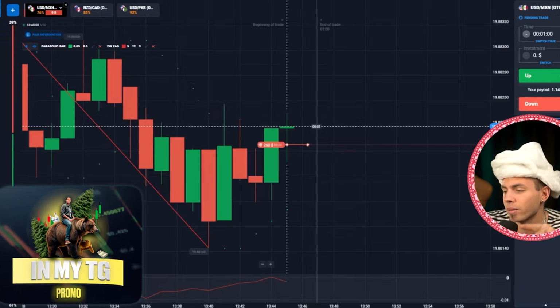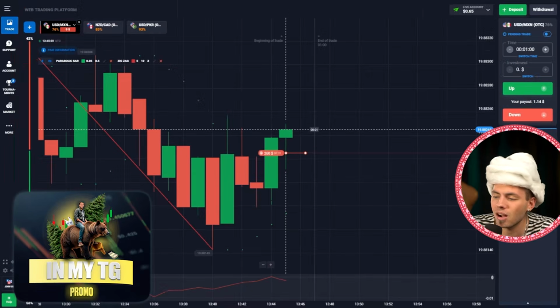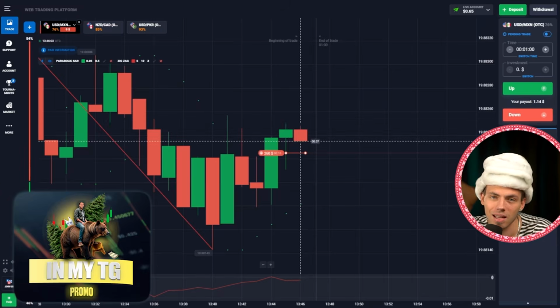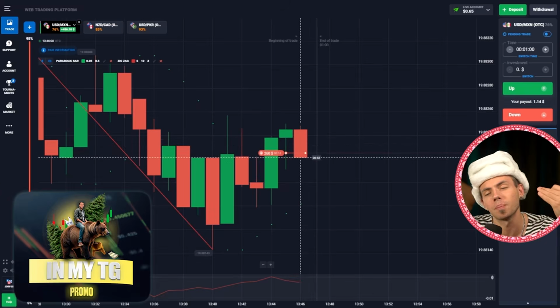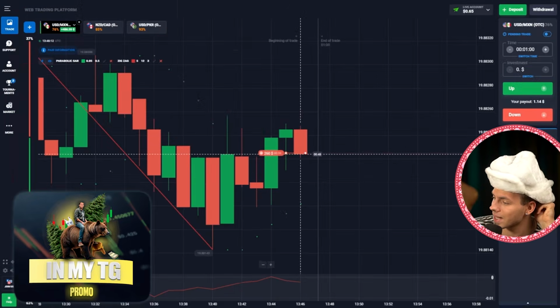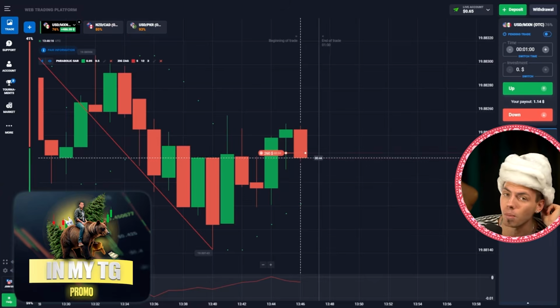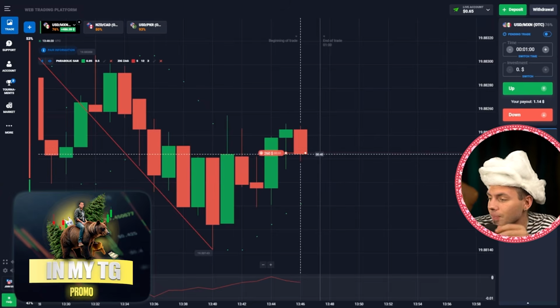Between these two levels we have a very strong resistance, which means that the price can oscillate in between these levels, but definitely will not break out of the upper level of this range. This means that right now we will see the option going down, so the short option, and all we need is to be a little bit patient, guys.